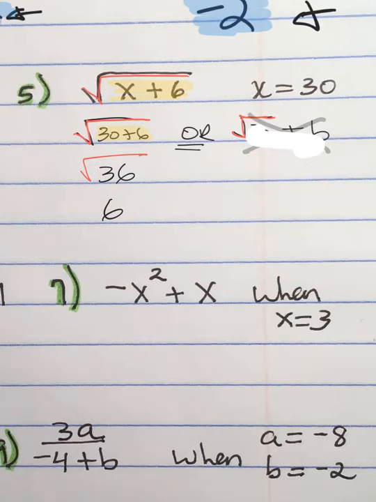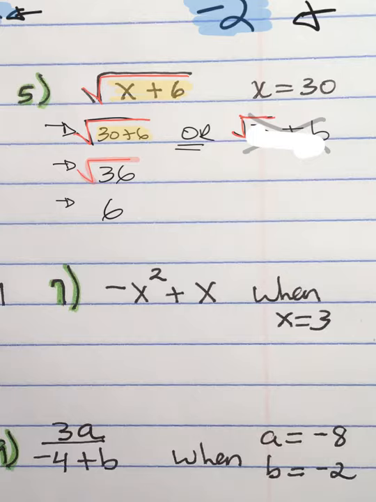Some of you are leaving out your square root symbol, right? You got to do the square root and keep the square root there until you've done everything under the square root. So some of you are leaving that out. So this is what your line should look like. This should have been line 1, this should have been line 2, and this should have been line 3.